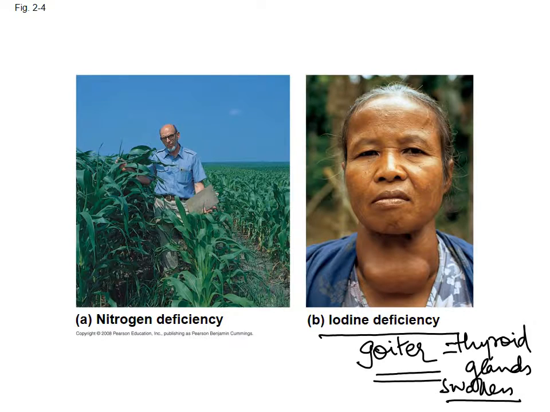Okay, here in this case, in a farm, if you have soil which is deficient in nitrogen, what happens is you would have stunted growth.